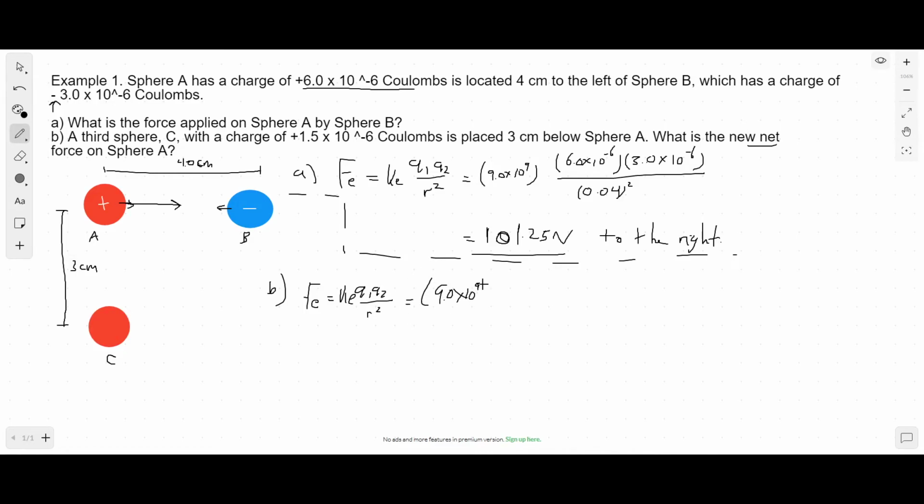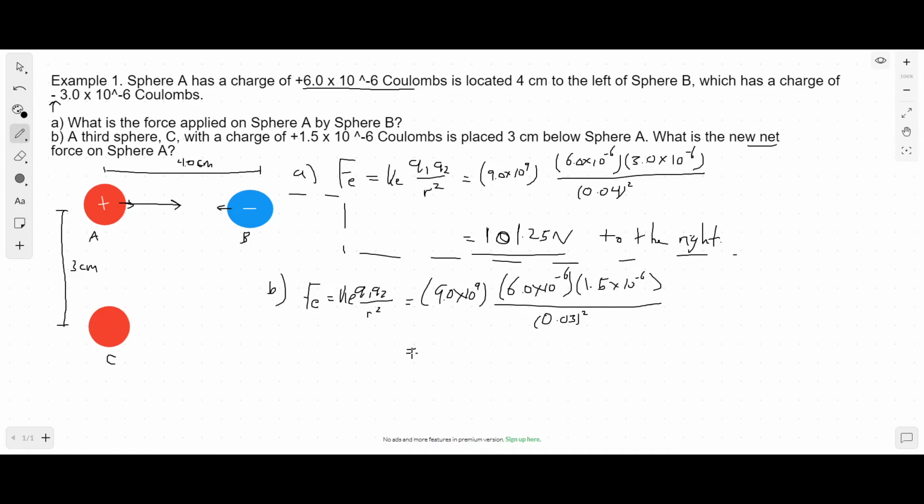This is a constant. It's always going to be the same. Q1 here will be 6.0 times 10 to the negative 6. Q2 will be the charge of C, 1.5 times 10 to the negative 6. And divide by 3 centimeters squared. Not forgetting to change that to meters.